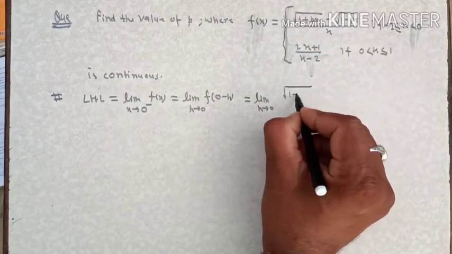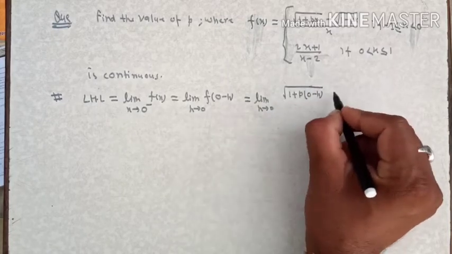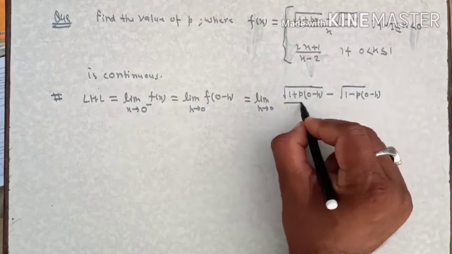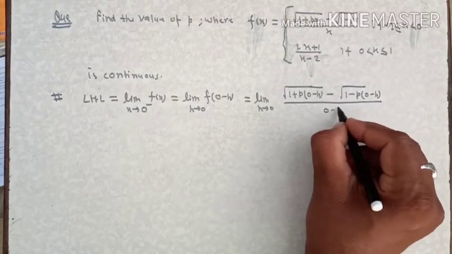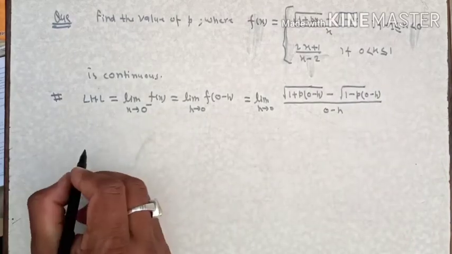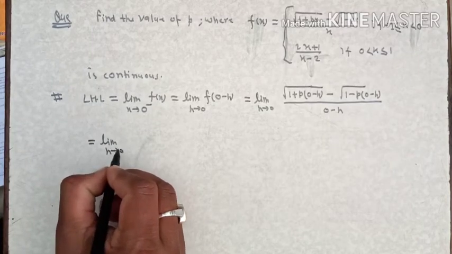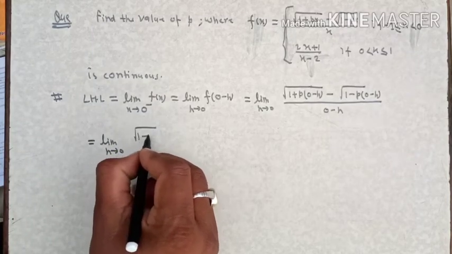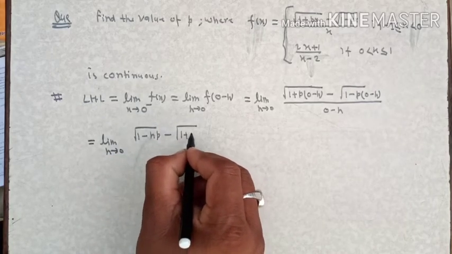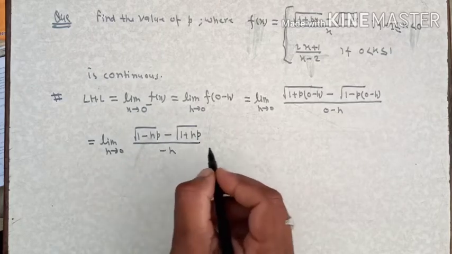So root of 1 plus p(0 minus h) minus root of 1 minus p(0 minus h), divided by 0 minus h, is equal to limit h tends to 0 of (root of 1 minus hp minus root of 1 plus hp) divided by minus h.